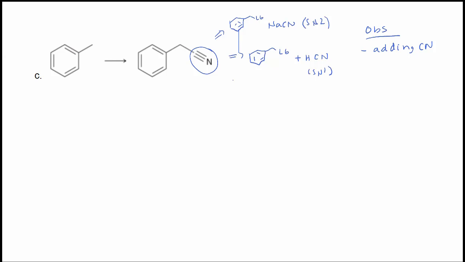All right, so if we look at this first one here, in both cases, we need to add a leaving group. So that would be using NBS. We add our bromine. And then here you could do NaCN. Or if you wanted, you could use HCN there.